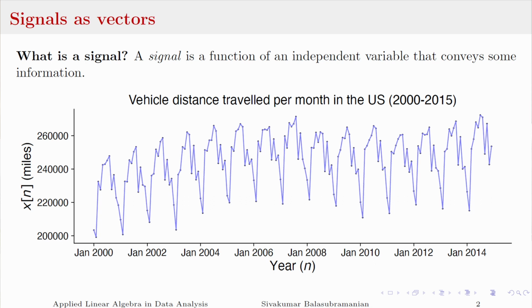On the x-axis, these measurements are taken every month over a period of 14 years. I've plotted time domain measurements that were taken every month. So this is essentially your x of n. Each of these circles is the value attained by that signal at the specific time point where you measure it.